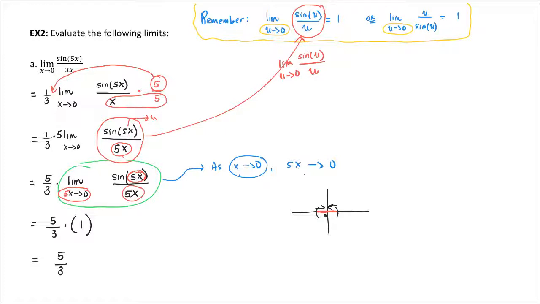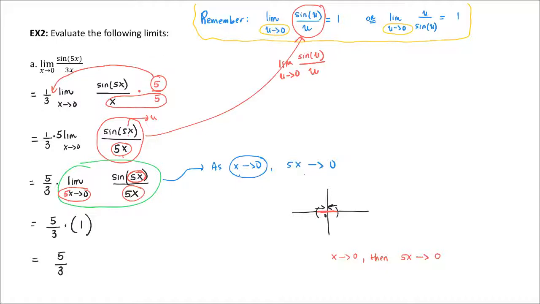And it was really easy to realize that the neighborhood was not going to be changed, because as x approaches zero, as x is getting very, very small, multiplying the variable x by 5, so 5x, doesn't really change the outcome. 5x also approaches 0. So this allowed us to go back under the limit and to adjust the x by multiplying it by 5.